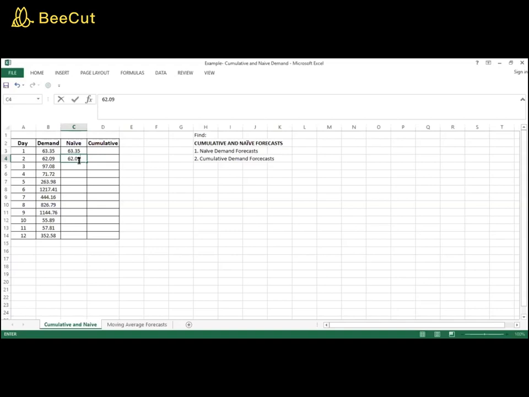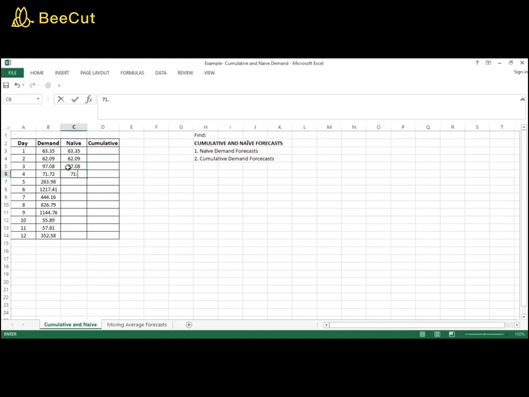So again, just to repeat, whatever the demand was in a particular period, let's say period 3, the demand was 97.08 at the end of the day, that will be the forecast for the next period. So the forecast for period 4 will then be 97.08.